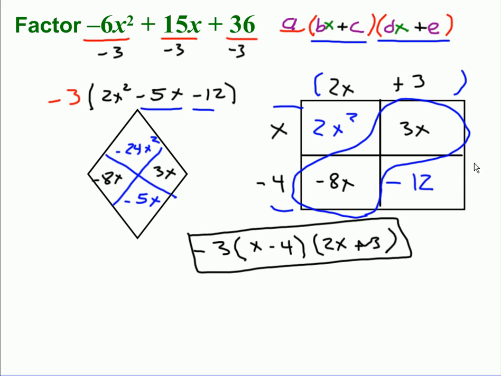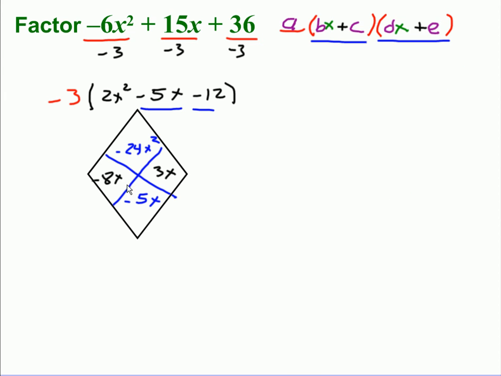I should point out that what I really did here with this box is something called factoring by grouping. Once I figured out that my two middle terms have to be negative 8x and 3x in order to factor this quadratic trinomial, I really could just rewrite it as 2x squared, and then instead of writing minus 5x, I'll write minus 8x plus 3x minus 12.